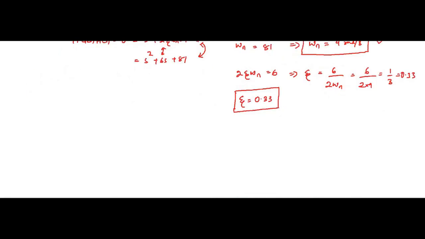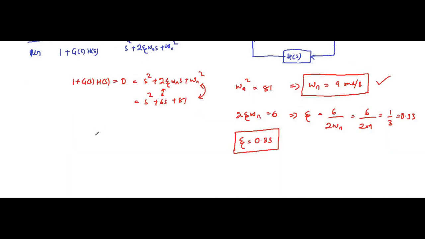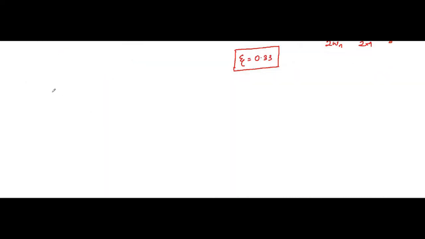Then the other parameters are peak time and peak overshoot. Peak time is the time taken for the output response curve to reach the first peak value, the maximum value. I have explained in detail about these time response parameters with the output curve, so you can watch the video.